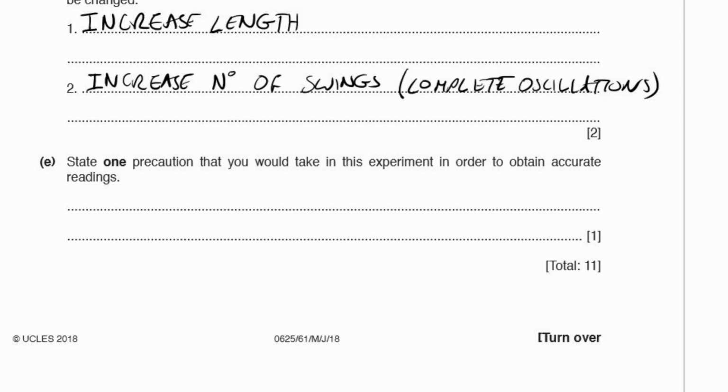E. State 1 precaution that you would take in this experiment in order to obtain a more accurate reading. Step number 1, look at it at a 90-degree angle. That's tremendously important. Just go perpendicular.